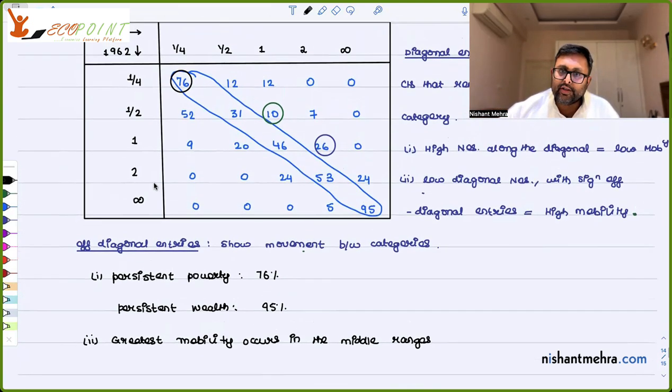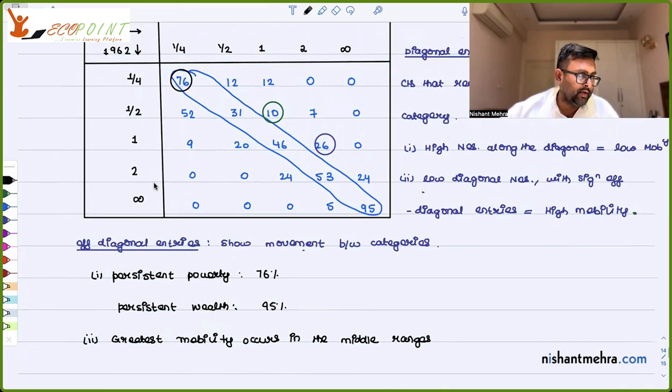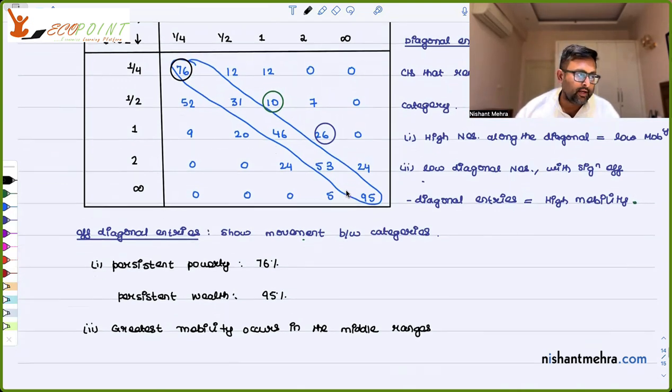And some poor countries even show a downward movement, right? Rich countries remain more or less very stable. So this also tells you that poverty is more persistent than wealth, right?